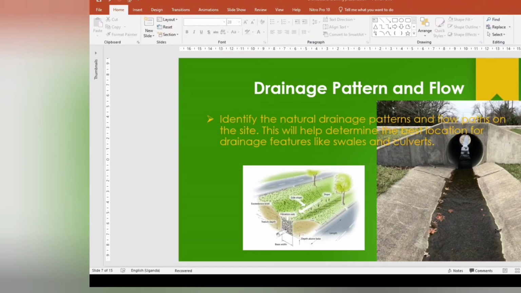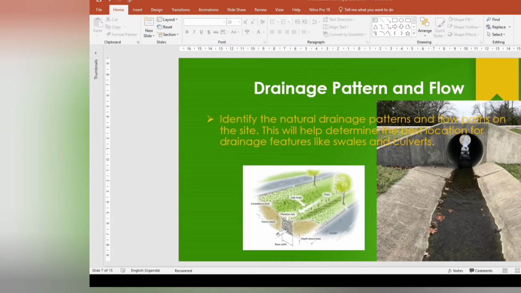A minimum of 5 feet of clearance between the house and surrounding grade is recommended. So for site grading, we recommend a minimum of 5 feet of clearance between the house and the surrounding grade. That's what we recommend. When you look at the illustration here, this is what we have.